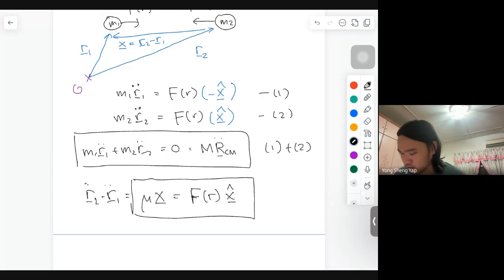I think this is in the negative direction, if I'm correct. Sorry, r2 minus r1. Yeah, that's correct.